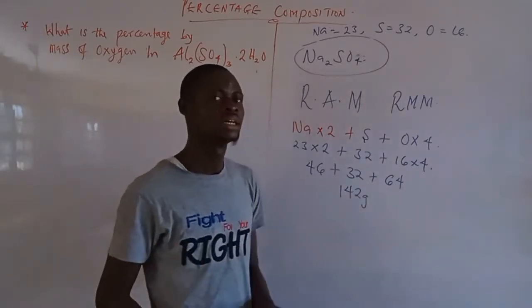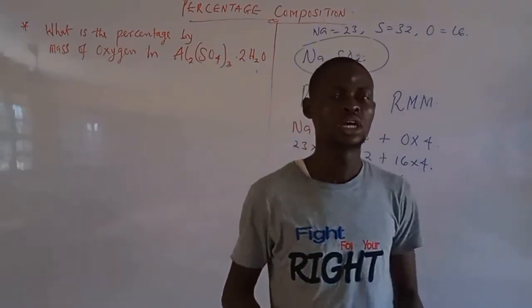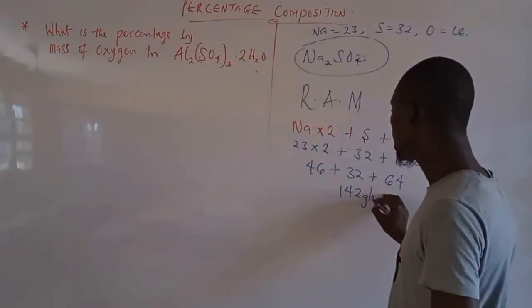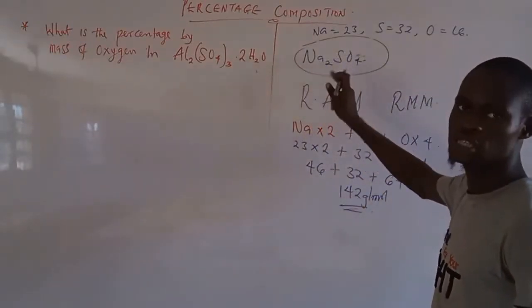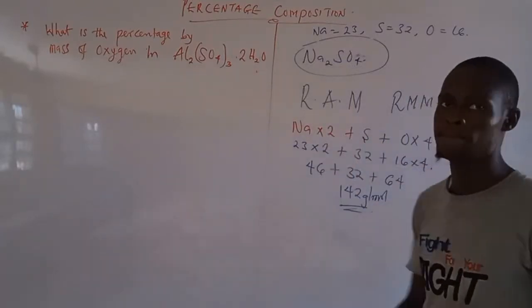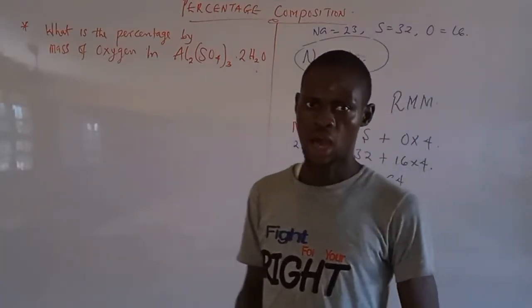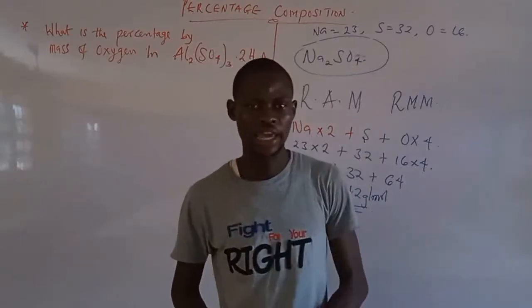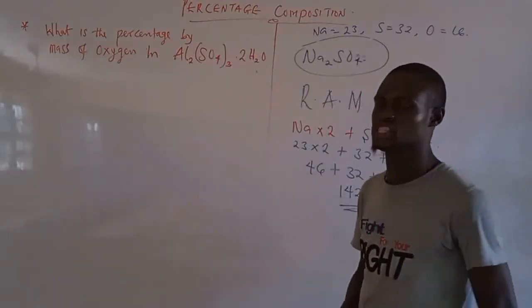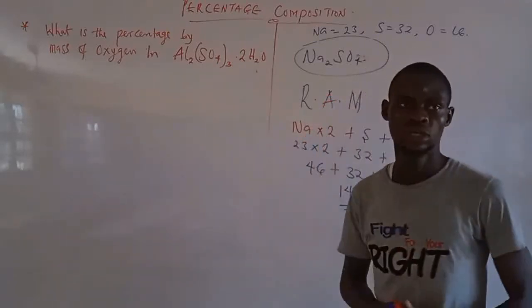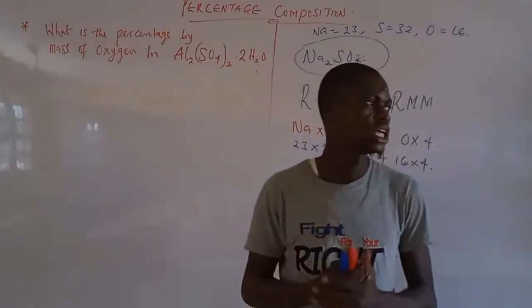But the molar mass of a compound is always measured in gram per mole. So the molar mass of sodium sulfate is 142 gram per mole. Hope we are getting all this. Now, let's look at how we can find the percentage composition of an element in a compound.